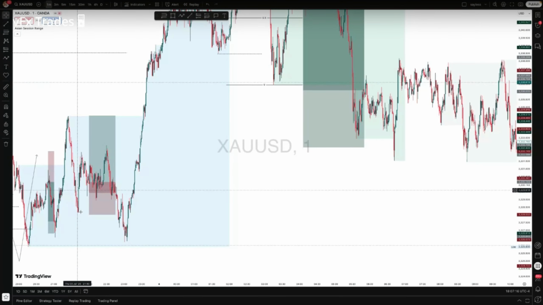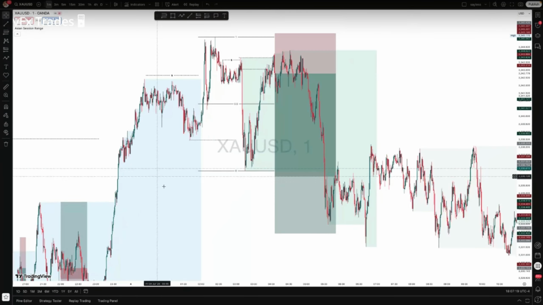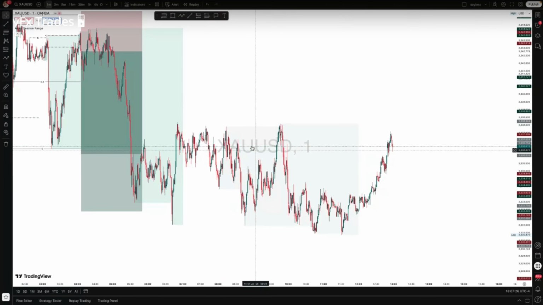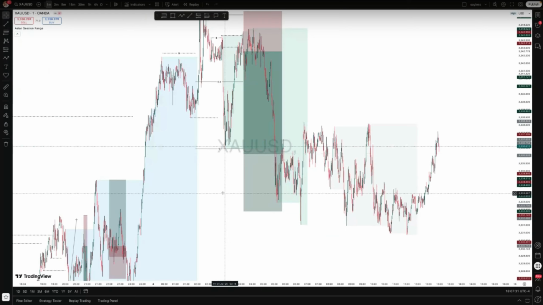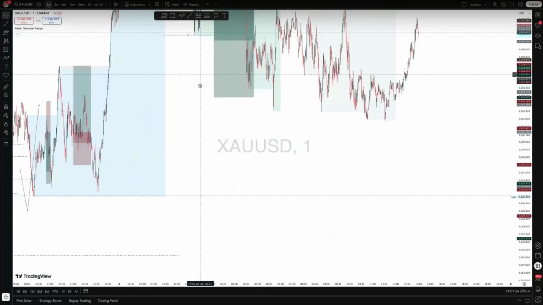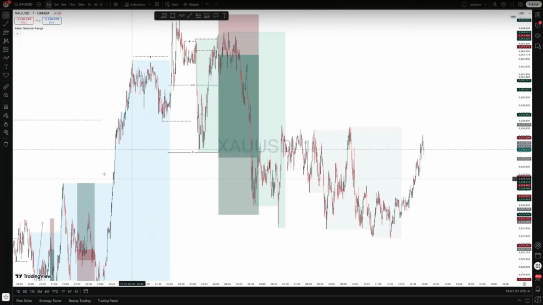So if I'm seeing the session, I know I'm in London. This one is Asian, this one is London, and the pale one is New York. This is the only reason why I have those indicators there, because I know that in the Forex market, the market is always going after the liquidity below or above some sessions, right? So that is why I have them on. Apart from that, you will not see me using any indicators.